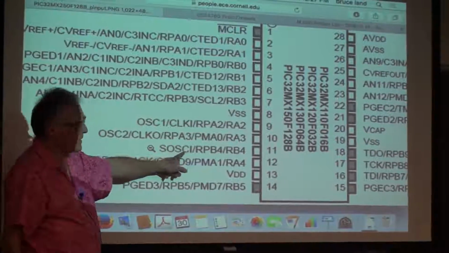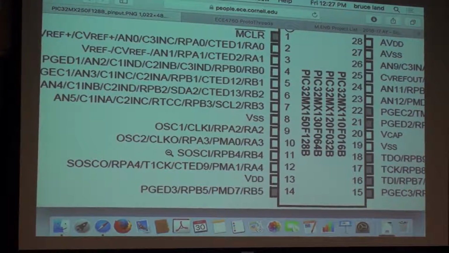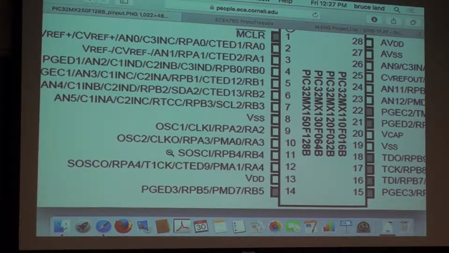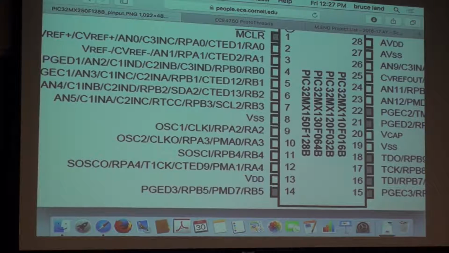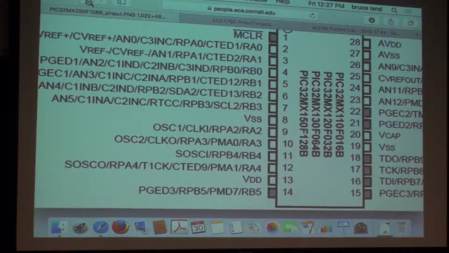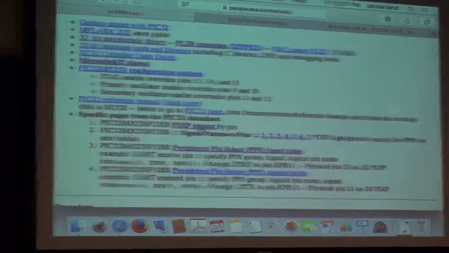B4 has some other function here, which it turns out is related to JTAG debugging. And so JTAG debugging has to be turned off. So when in doubt about the functions of pins, don't use the quick lookup simplified version.